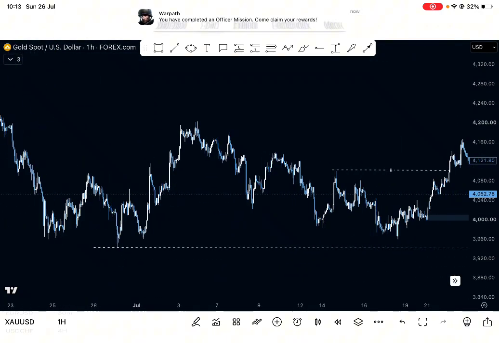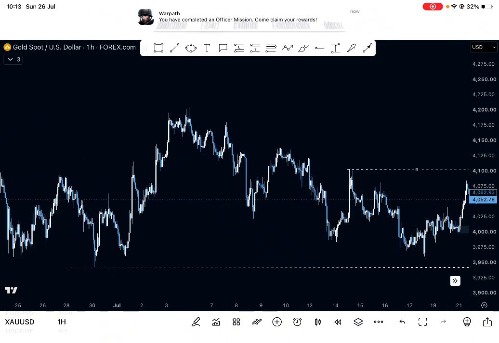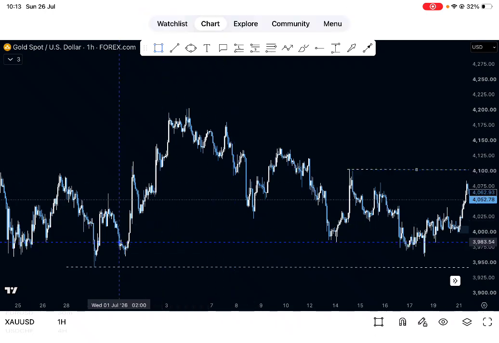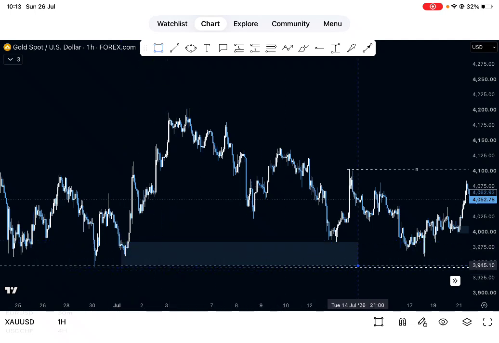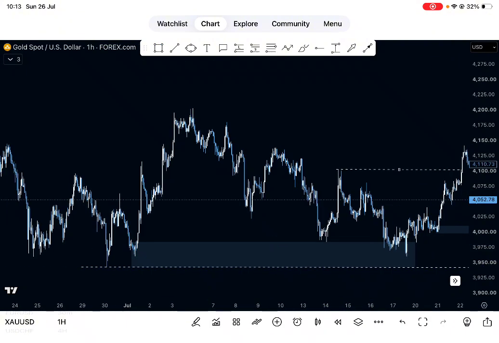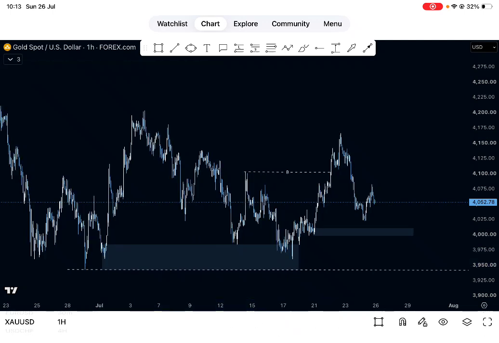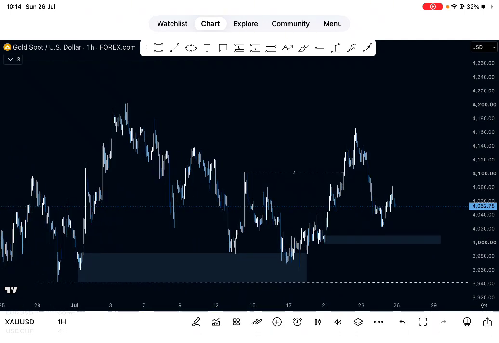Let me mark out this order block first so that we don't get confused. See where price reacted from. It reacted from here, and before then, what was happening on the lower time frame?